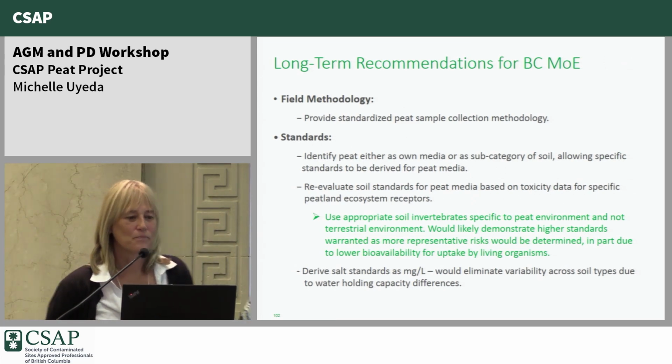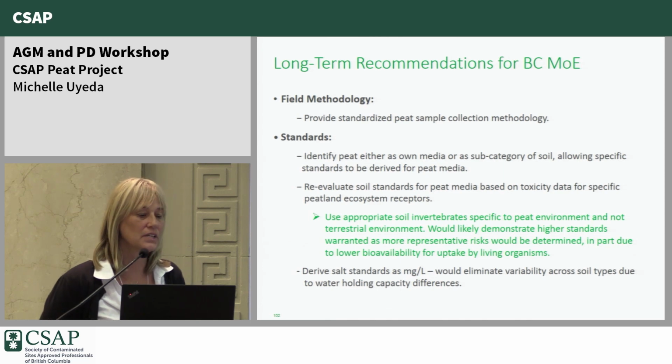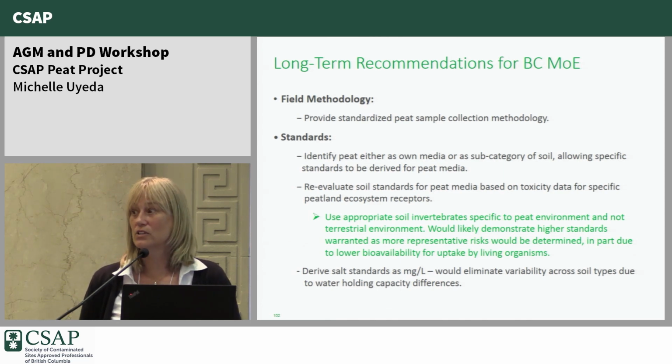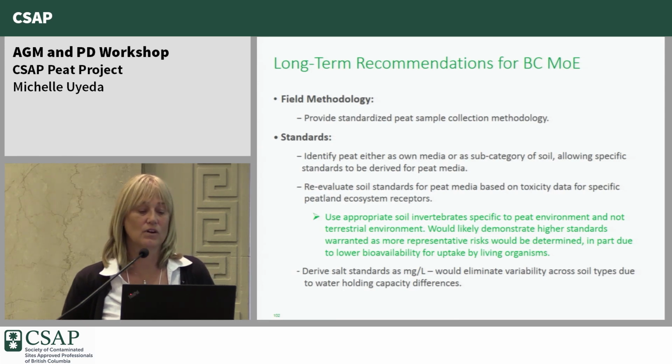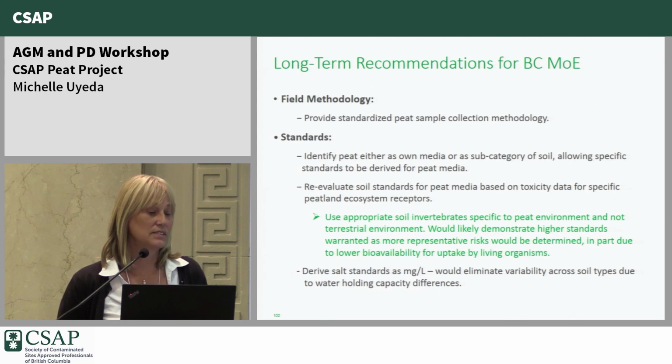We also have provided some longer-term or short-term recommendations for BC MOE that we can move forward on the regulatory and the sampling. For field methodology, if we could provide a standardized peat sample collection methodology, that might help in the collection of peat samples or high organic samples.